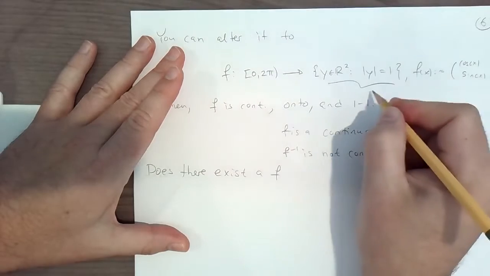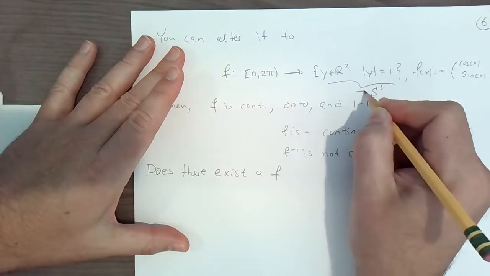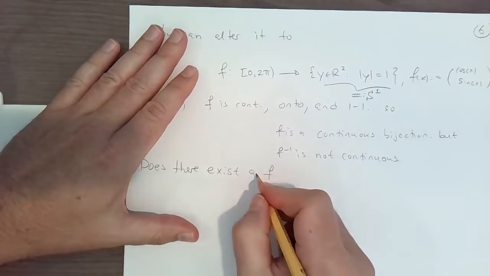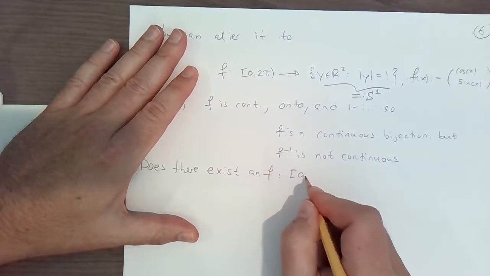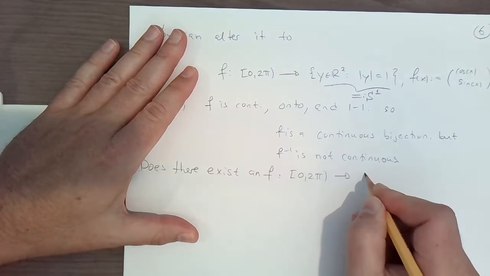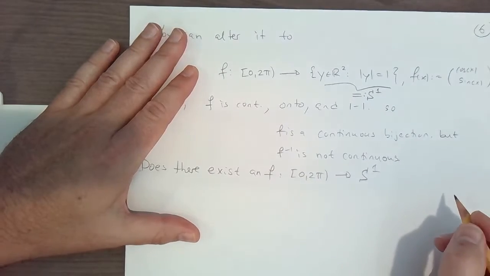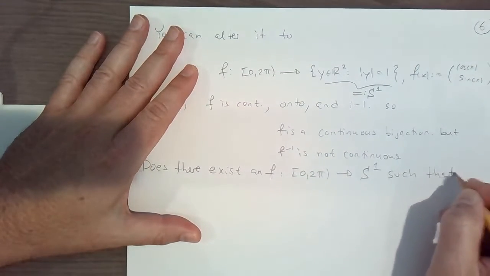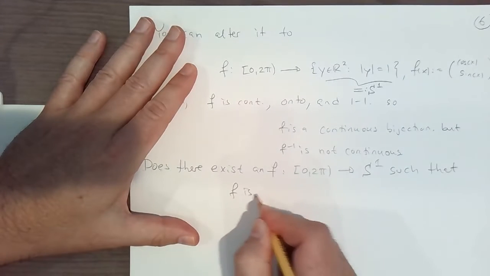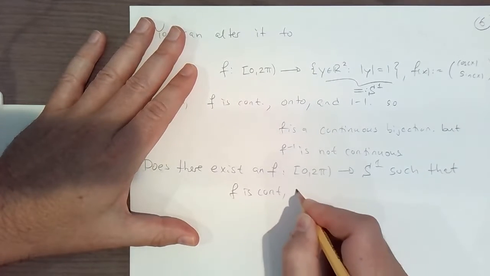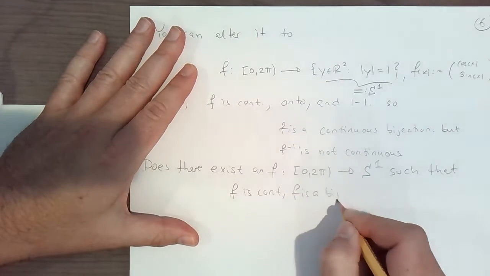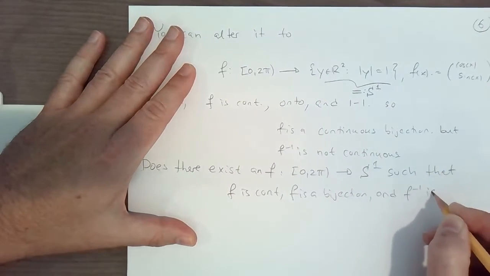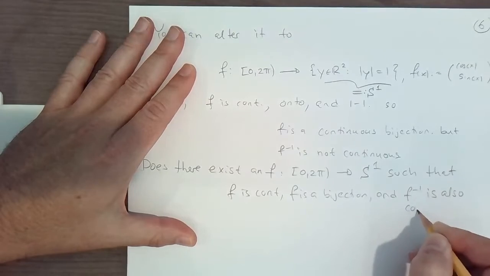This thing here is very often called S1. Does there exist an f that goes from 0 to 2 pi into S1, such that f is continuous, f is a bijection, and f inverse is also continuous?